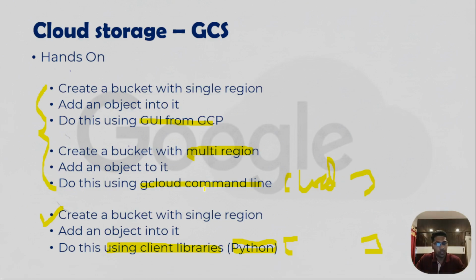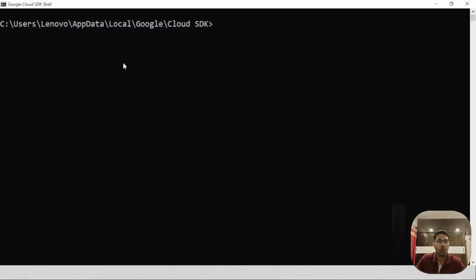To do that, we need to install this Google Cloud SDK shell, and I have created a dedicated video on how to install or set up the SDK shell and how to do a one-time connection to your Google Cloud before you use this as the command line tool. I will be sharing that link in the description. Please go through it once, right? It's only a one-time setup, guys. Later you can do it extensively, right?